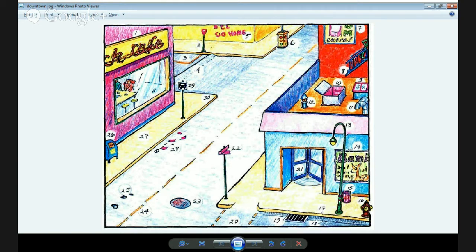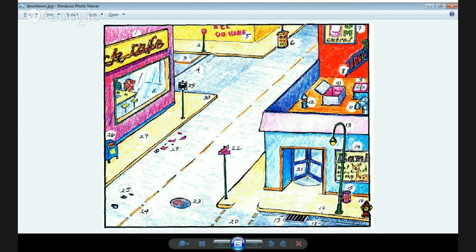I don't know number 28 and number 25. What is this? 28 is not very clear. That's true. 28 is supposed to be, when people pollute a city, they take their trash and they throw it on the streets. Pollution, right? Pollution means putting your garbage on the street.